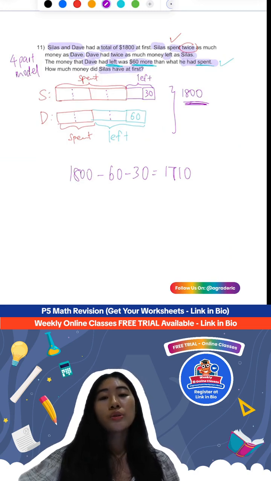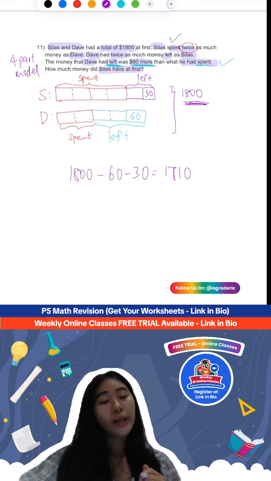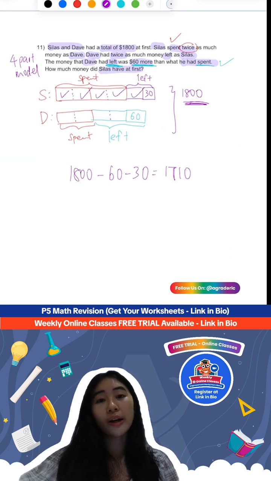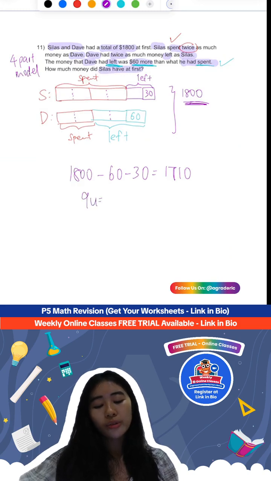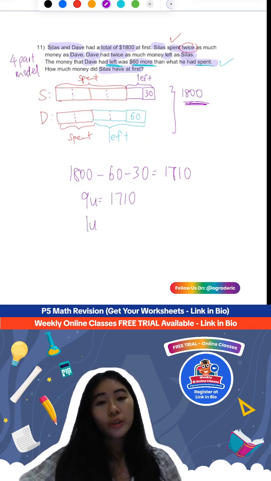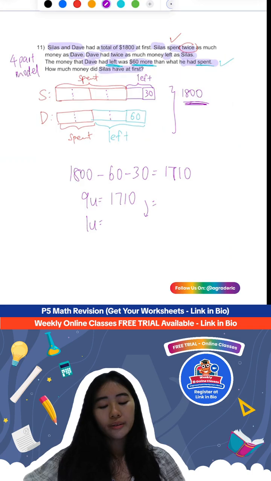So 1710 is for all the units. Then you go and count how many units there are. Okay, so that's 1, 2, 3, 4, 5, 6, 7, 8, 9. Right? You have 9 units. Okay, so I will say 9 units equals to 1710. And then you can find 1 unit by dividing by 9.